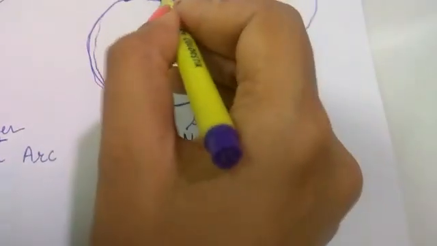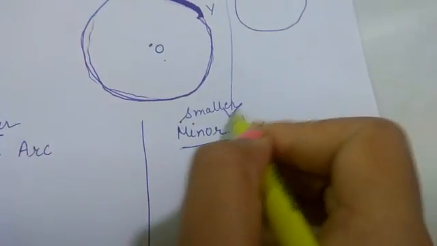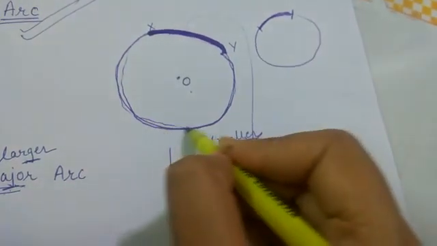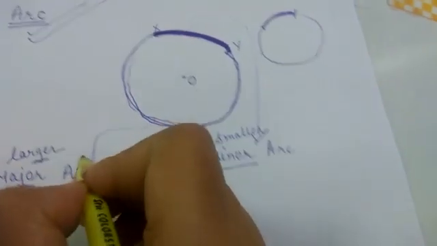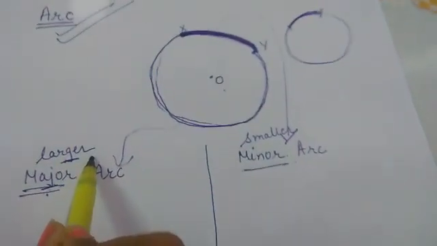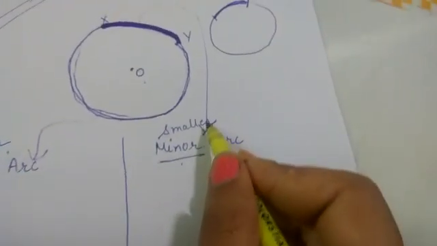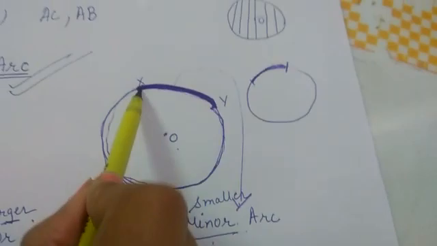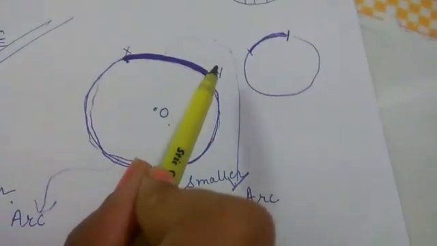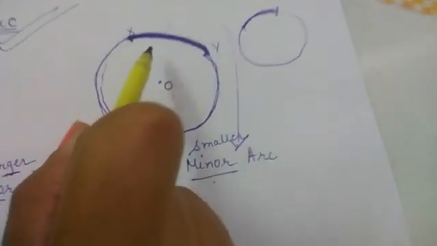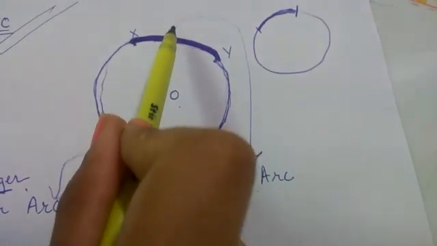So this is the minor arc. Get it? And this portion is the major arc. Major means larger and minor means smaller. That highlighted portion is smaller, so it is represented by minor arc.